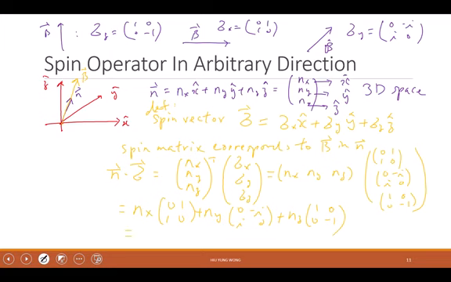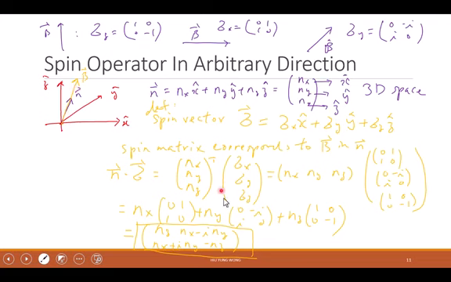What do you get? [nz, nx minus i ny; nx plus i ny, negative nz]. Okay? So this is the matrix corresponding to the magnetic field pointing in the n direction.